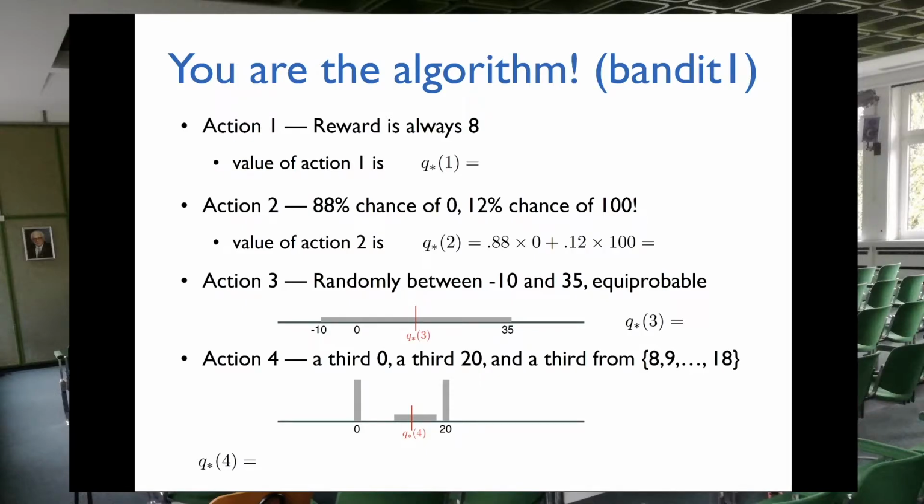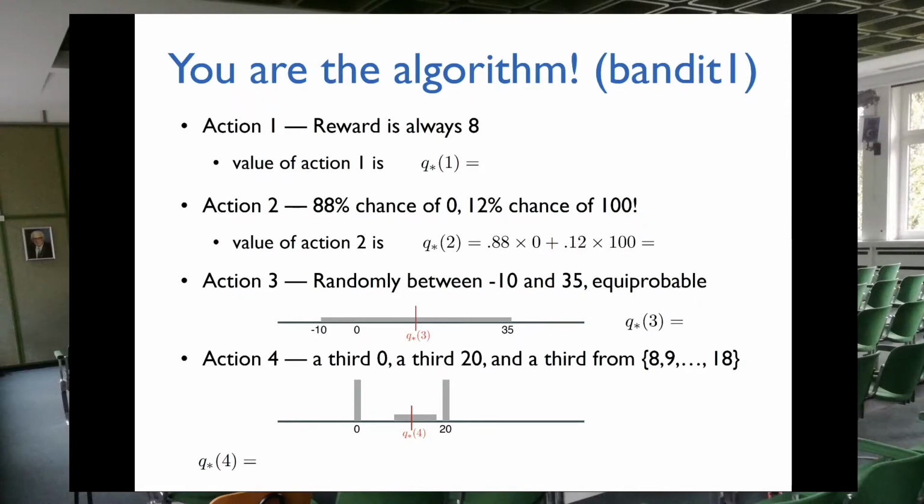So imagine that this machine with 4 levers has these distribution functions in which it gives you the prizes, but of course you don't know these distributions. So what would you do to maximize the rewards that you will get when you play with this machine?